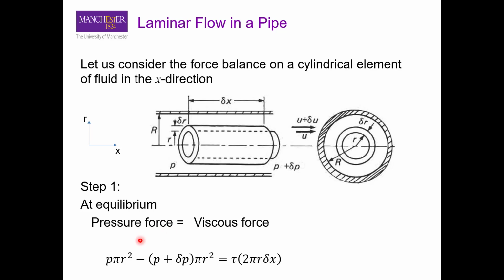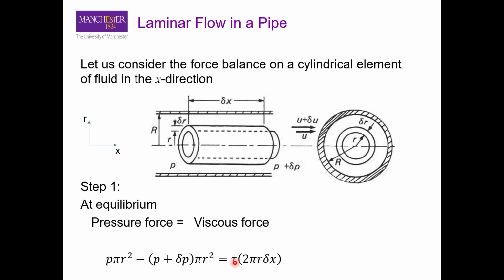Okay, because it's a force balance, we have to write pressure times area, because we know that pressure is force per unit area, and actually force is pressure times area. So we can write P times pi r squared, that is the cross-sectional area, minus P plus partial P times the area on this side, and then that should be equal to the viscous force.